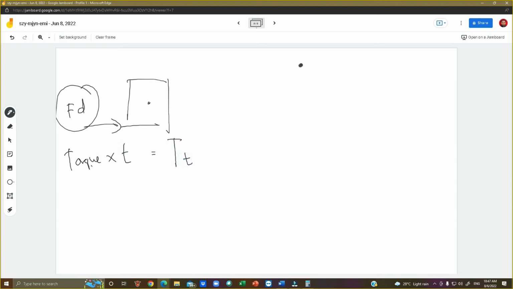Sama lah macam bola tadi, kita apply force. Okay, how long you apply the force, that is impulse, Ft. Jadi, angular impulse is how much force being given in a period of time, which will cause the object to rotate.